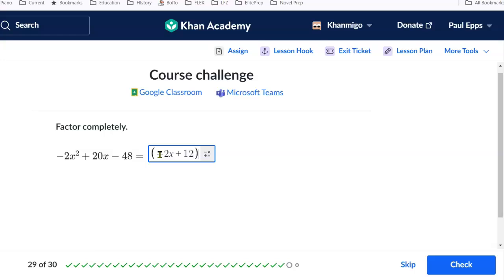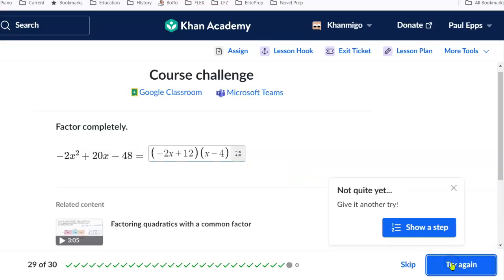Negative 2x plus 12. And then x minus 4. What is that going to do? So we've got 12x plus 8x is 20x. And we find 12 times minus 4 is minus 48. So, I mean, that looks good to me. Not quite yet. Give it another try.